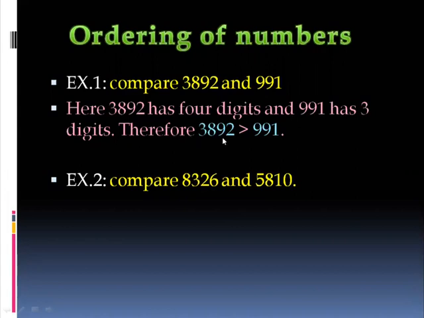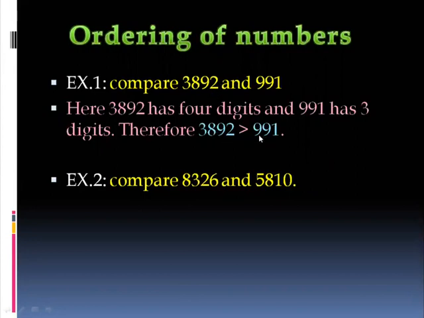Therefore, 3892 is bigger than 991, right? Yes. So 3892 is the biggest number, otherwise largest number.